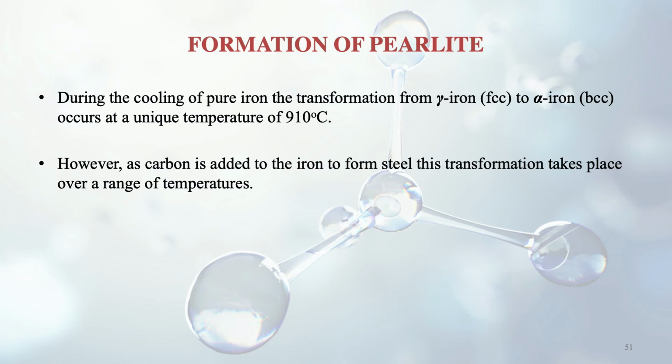This change occurs at a unique temperature, which is 910 degrees centigrade. However, as carbon is added to the iron to form steel, this transformation takes place over a range of temperatures. So as we go on adding carbon, the temperature range also changes.